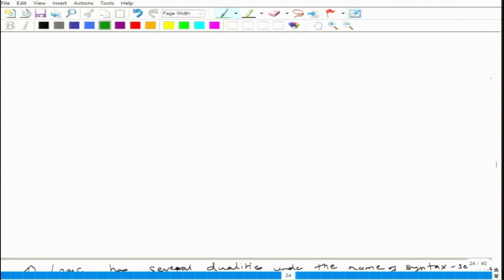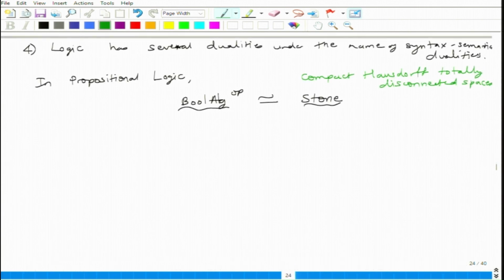Totally disconnected means only singletons are the connected components. Stone spaces basically talk about the space of ultrafilters of a Boolean algebra, and you can recover the Boolean algebra from the clopen subsets of the Stone space.